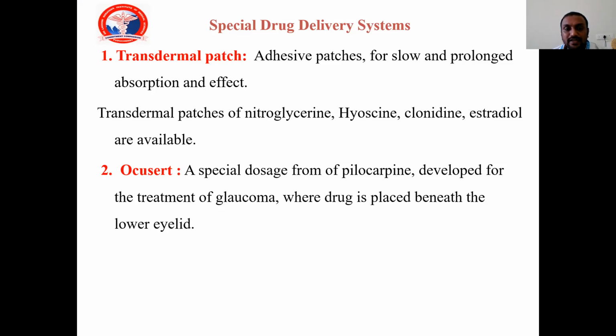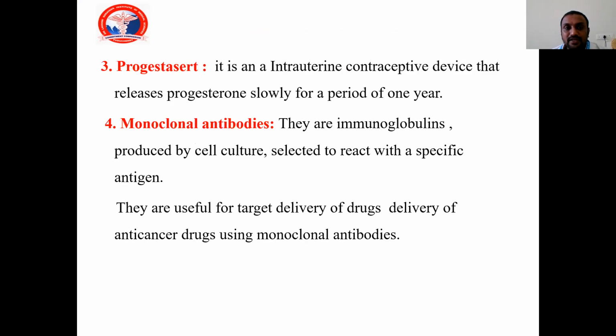Coming to the ocusert, a special dosage form of pilocarpine has been developed for the treatment of glaucoma, where the drug is placed beneath the lower eyelid. Coming to the progestasert, here the drug is given in an intrauterine contraceptive device, where the device releases progesterone slowly over a period of 1 year.